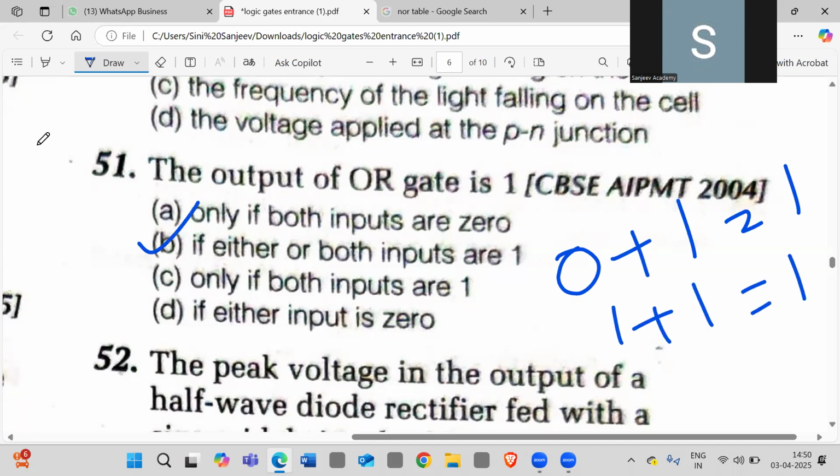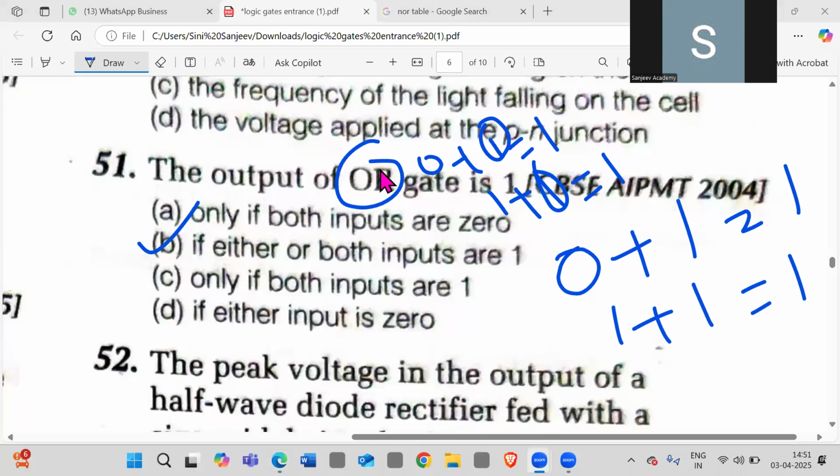So option B is the answer. Either or both of the inputs are 1. It is OR gate. OR gate means addition. 0 plus 1 is what? 1. 1 plus 1 is what? 1. So either one of the inputs should be 1. Gopal and Nikhil, is it clear? Yeah, but good that you guys are putting out the options. Whether it's right or wrong, this is a way to go forward.